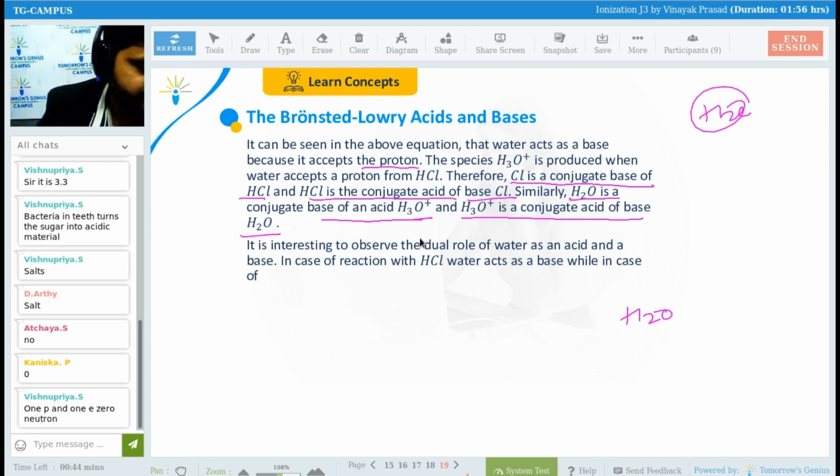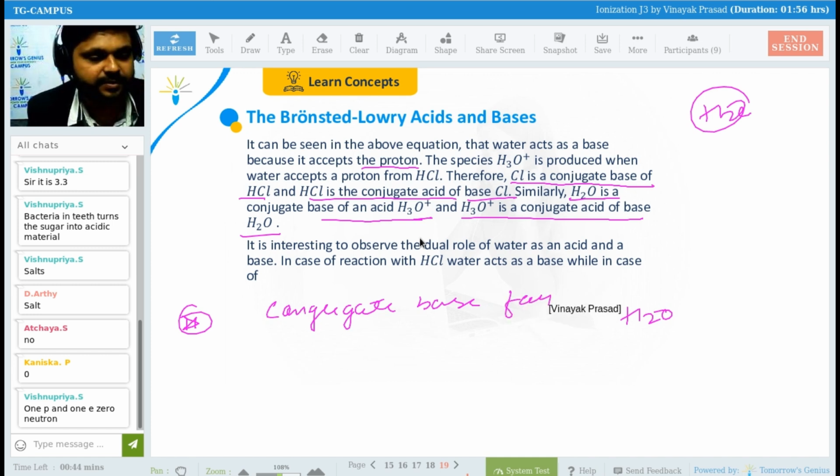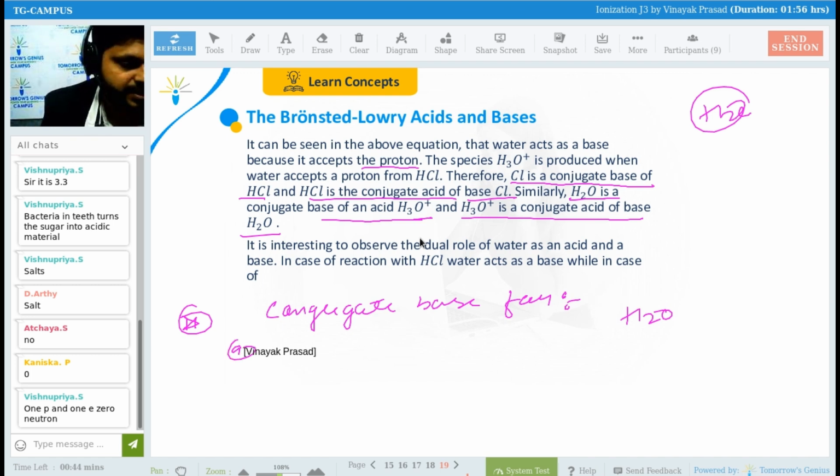See here, the question is: what will be the conjugate base for HCO3 minus? Can you please tell me, guys?